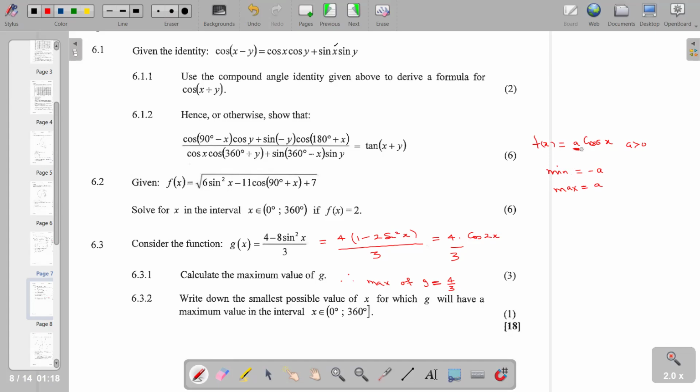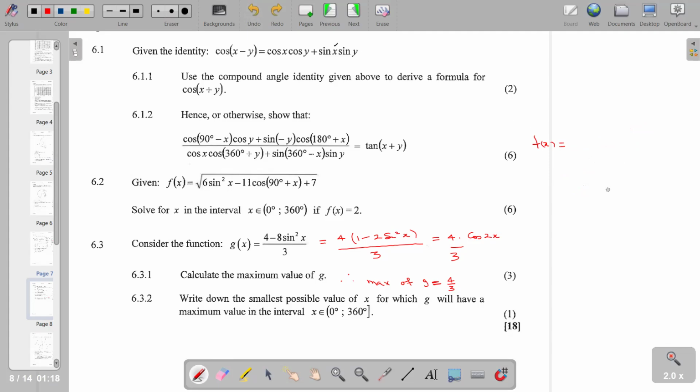But if the a was negative, if that a was less than 0, meaning to say, let us do it using numbers. It becomes more clear that way.